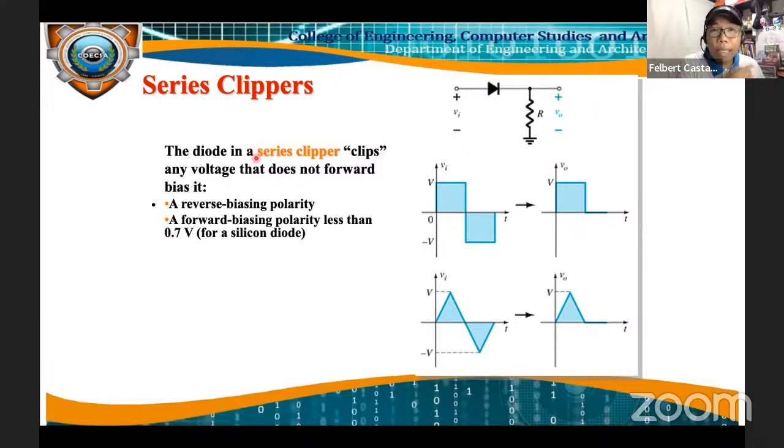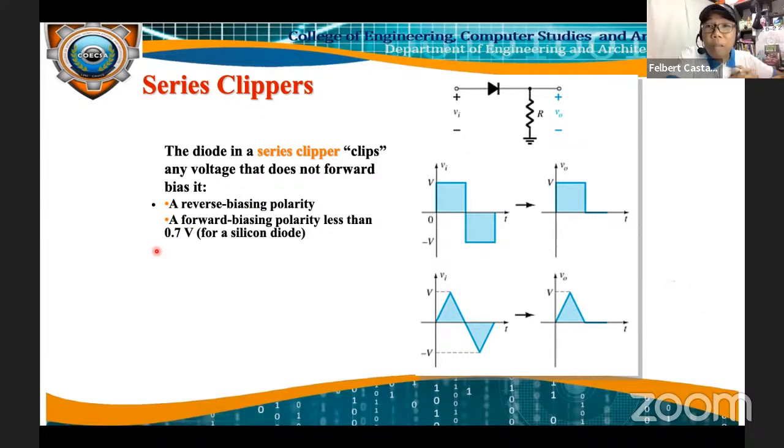Kapag series yung connection, the diode in a series clipper clips any voltage that does not forward bias it. Ano yung mga cases na hindi i-forward bias yung diode? Una, reverse biasing polarity, kapag magkaiba sila ng polarity. Pangalawa, forward biasing polarity less than 0.7.